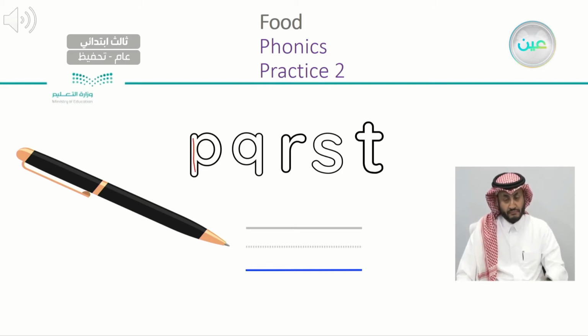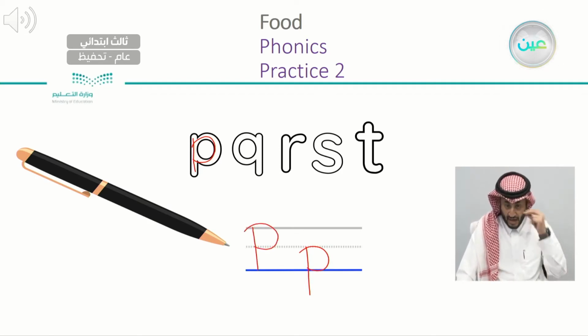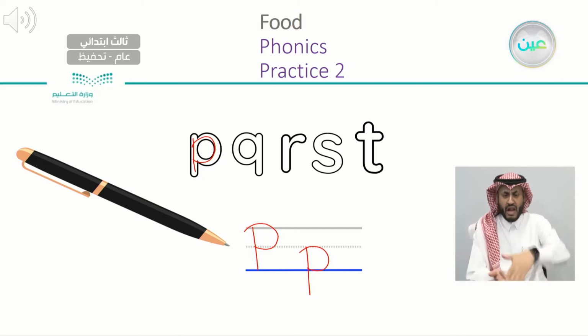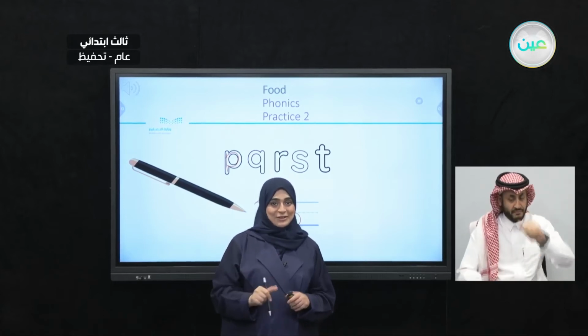Let's trace the letter P and let's write lower and uppercase so we can see the difference. So this is lowercase p. It goes below the line. And this is uppercase p. Remember what we said about uppercase letters? They always stand on the line. They never have a tail. Clear? Let's continue.